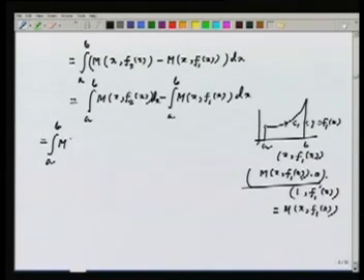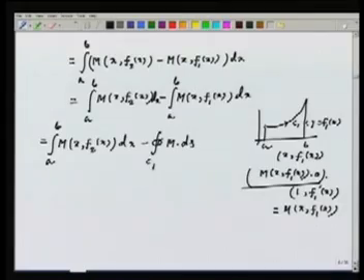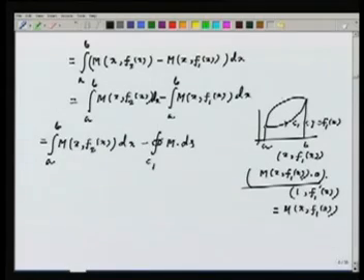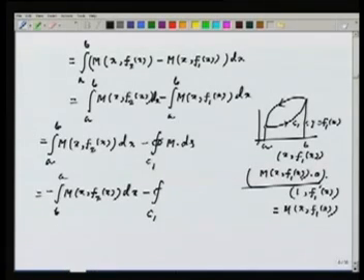So it is very clear then, I keep the first integral as it is. This one is minus in this direction, over C1, m dot ds. Now for the first integral, again notice I will be looking at C2, which goes in the reverse direction from b to a. So write it as minus integral from b to a of m(x, f2(x)) dx, minus integral over C1, which I am not changing.